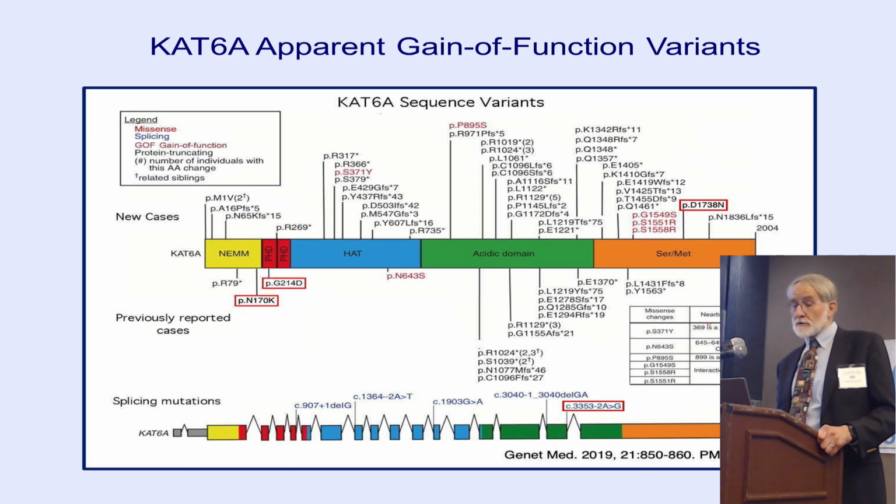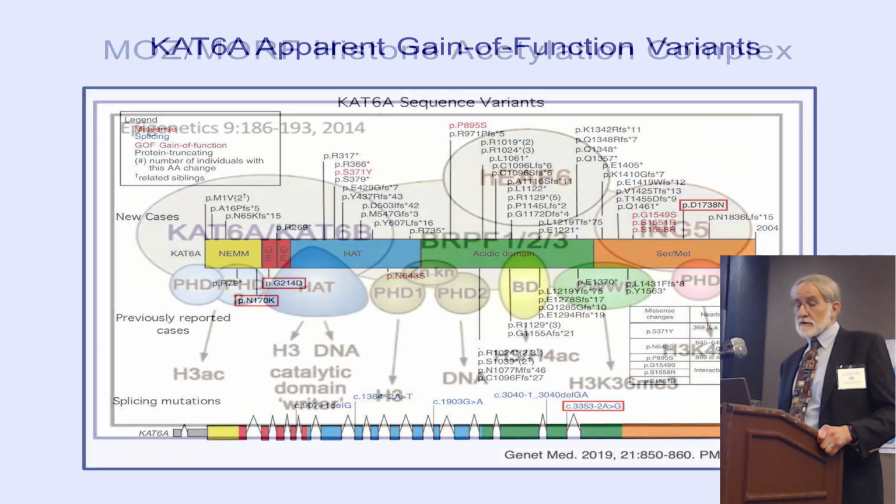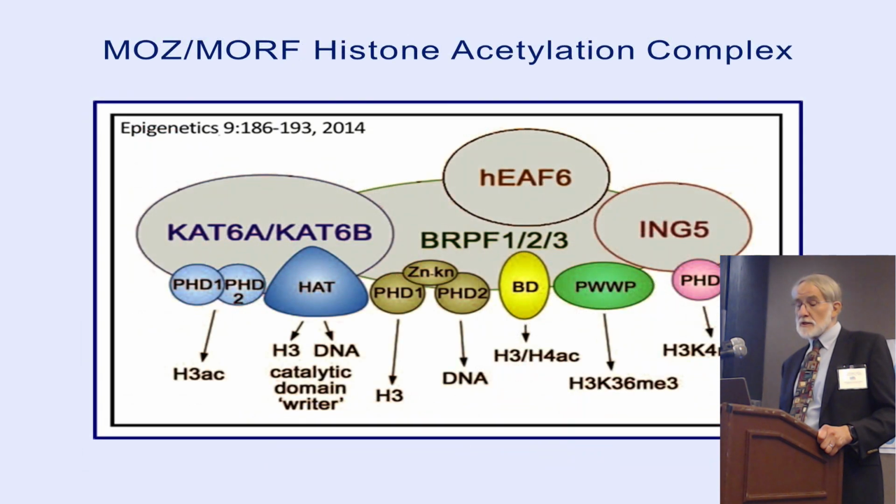And just to remind you, or just to show you how this works, KAT6A or KAT6B are part of a very large protein complex. And this is the zinc finger right here. And this is the enzymatic region of the protein. So one can imagine that an abnormality, as I said, in the zinc finger could keep the acetylation function of the protein.